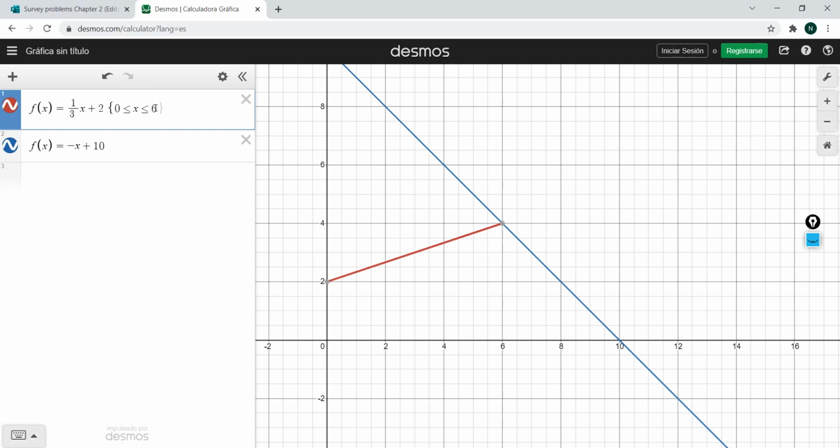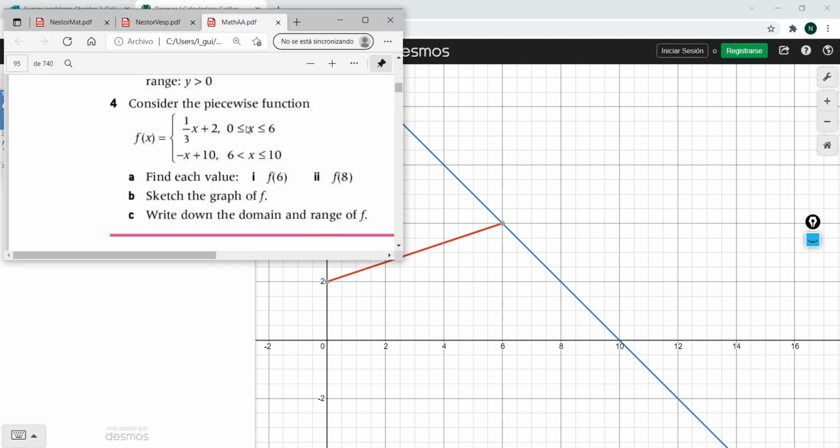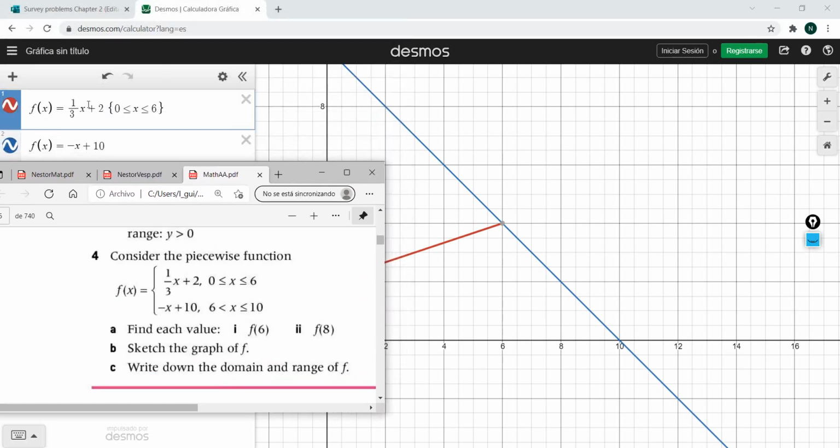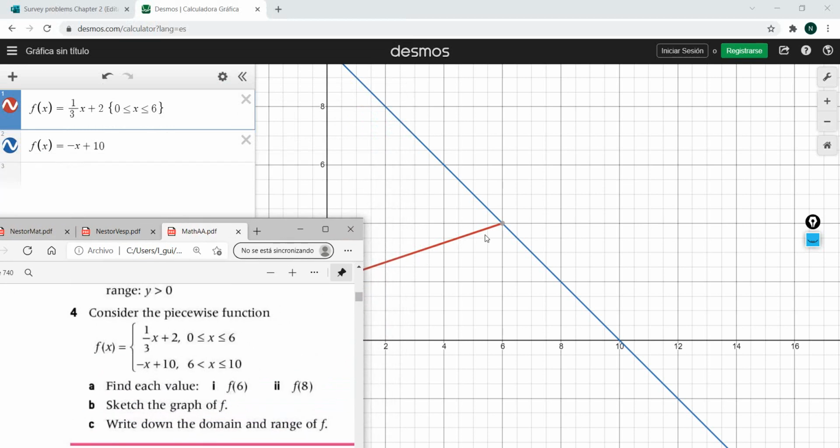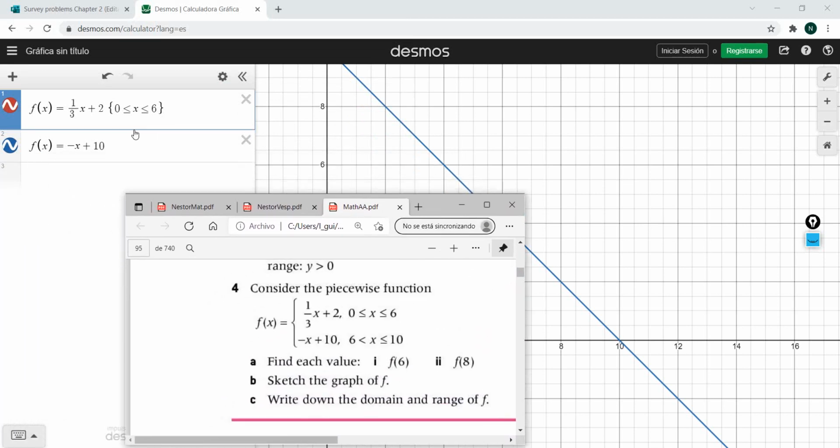You see, I'm telling Desmos to draw this graph only over this interval, which is this part of the domain, right? Only over here, from 0 to 6, including both numbers, and only that part. You see? Look at this. And therefore it's just this red section. And I'm going to do the same for this one.